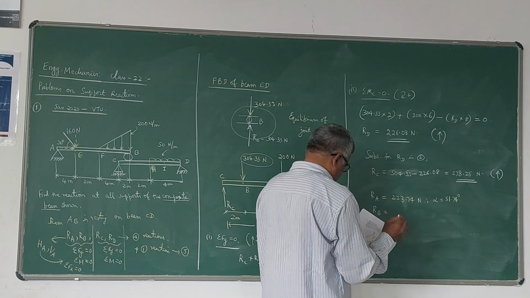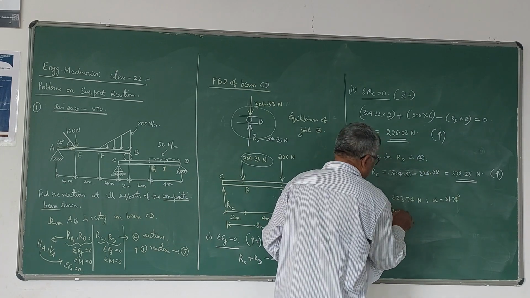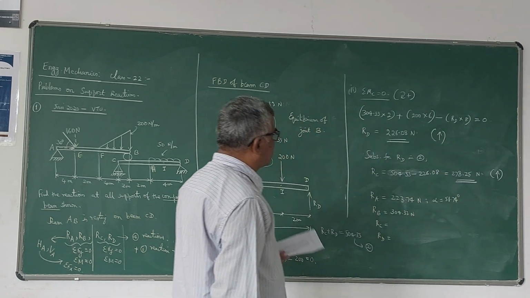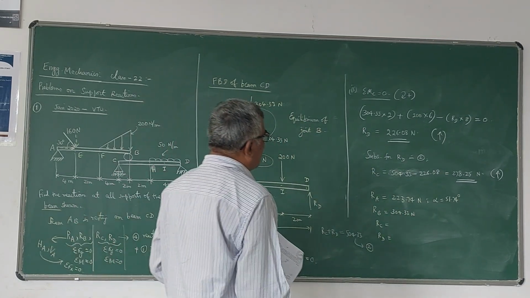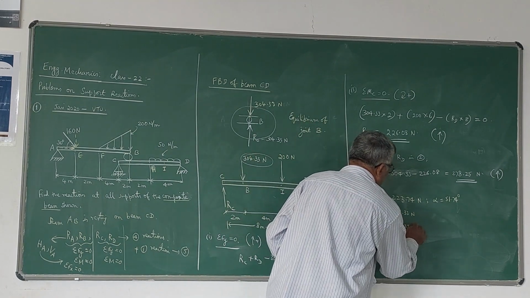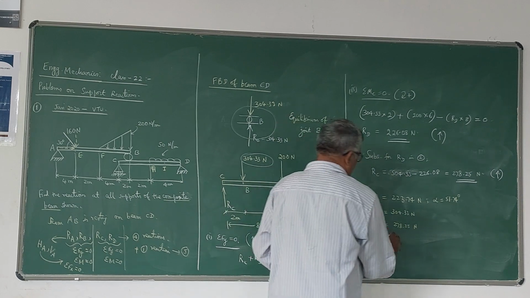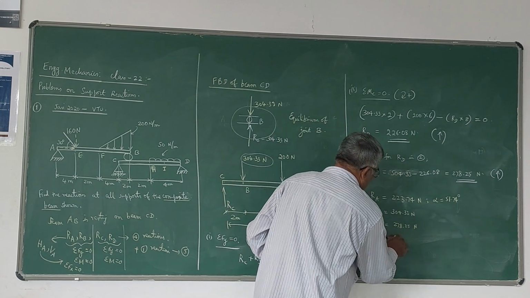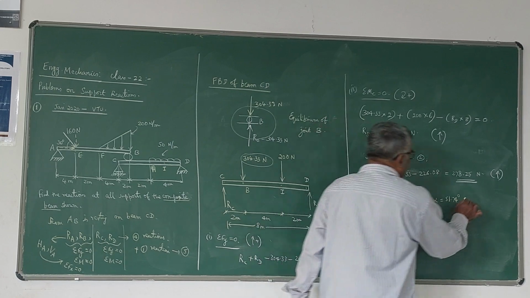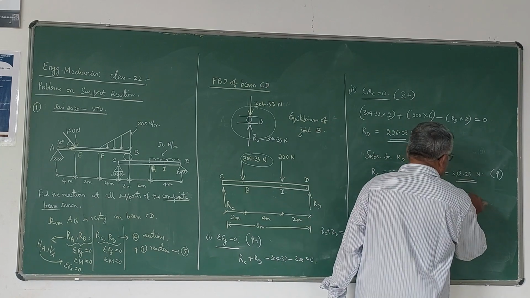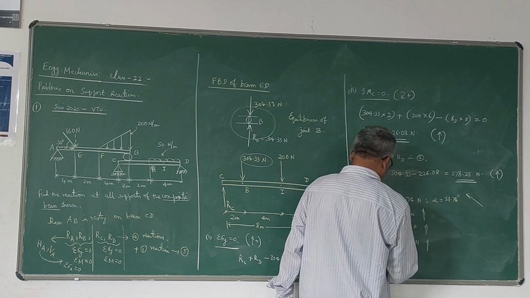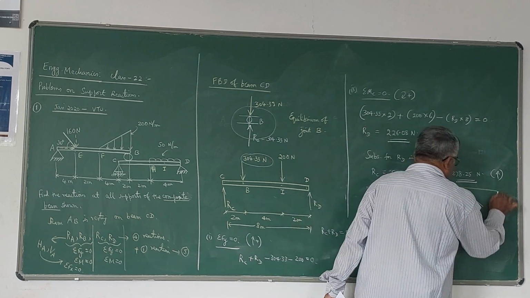Then RB we got 304.33. The same thing is taken as a force acting on beam CD because B is the common joint. Then RC is 278.25 and RD is 226.08. Here RA is acting in the second quadrant like this, RB is vertical, RC is vertical, RD is vertical. Now this is the final answer.